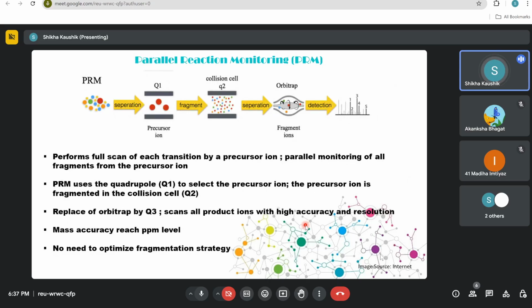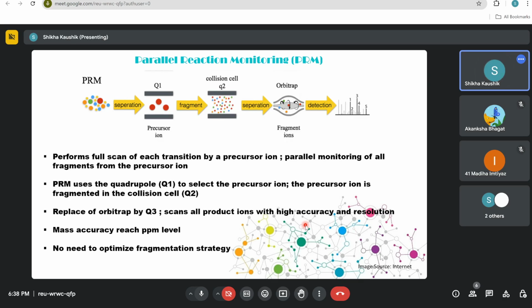Then you have parallel reaction monitoring. In case of parallel reaction monitoring, you have your initial proteome, you are selecting a particular ion, you are letting that particular ion undergo fragmentation, and then you are reading all the fragments that you're going to get through this particular precursor ion. So you have one parent ion but lot of daughter ion to study.